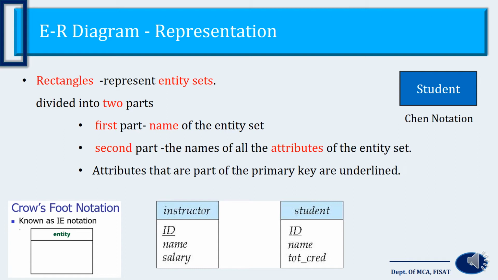In the first part we give the name of the entity set, and in the second part we list all the attribute names, and among these attributes one attribute will act as the primary key and that attribute will be underlined. Okay, so the rectangle is used for representing the entity set. While drawing the ER diagram, the rectangles usually represent the entity sets. Fine.